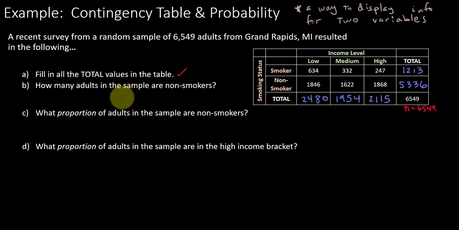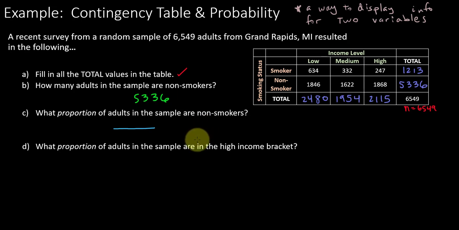Let's answer part B. How many adults in the sample are non-smokers? Okay, non-smoker, total of non-smokers, 5,336. Not too bad. What proportion of adults in the sample are non-smokers? So proportion almost always means there's some sort of division occurring.